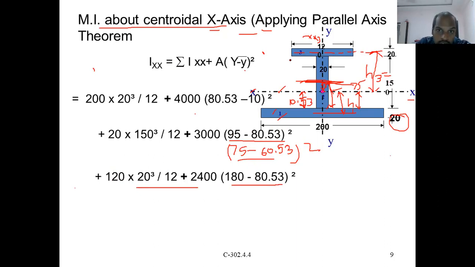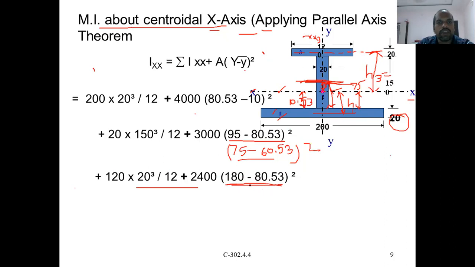He has taken from the bottom, but I have taken from the centroid. Both are correct, no one is wrong. To avoid confusion, maybe he has taken only one reference axis, the bottom one.